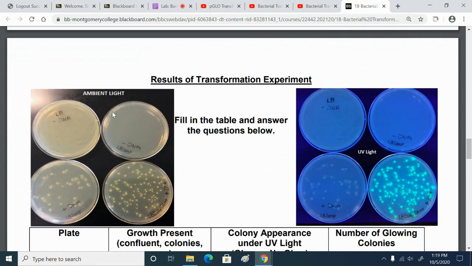So what does that mean on this plate if nothing is growing? So what does this plate mean? So somebody tell me.